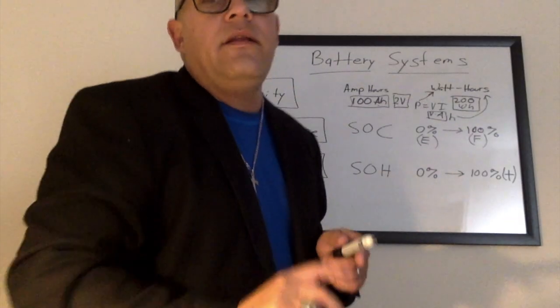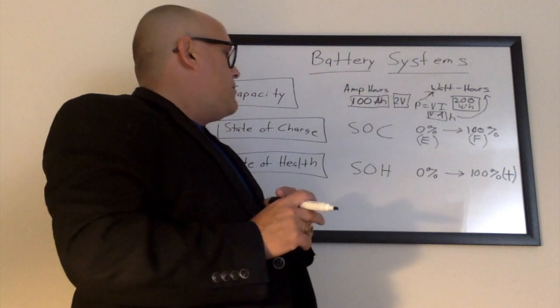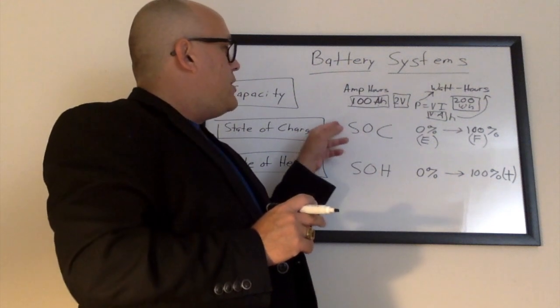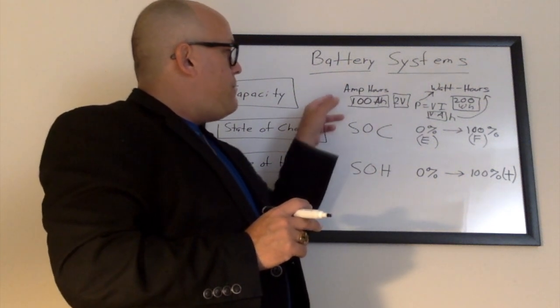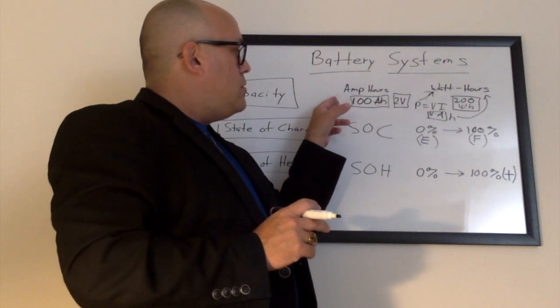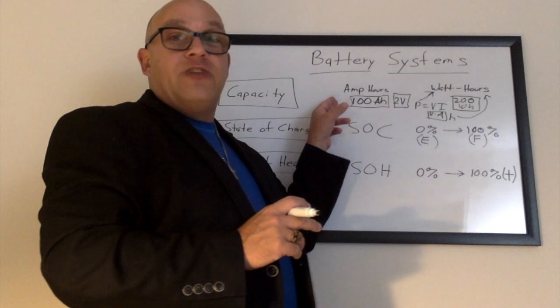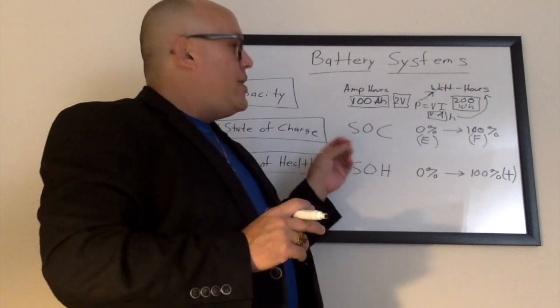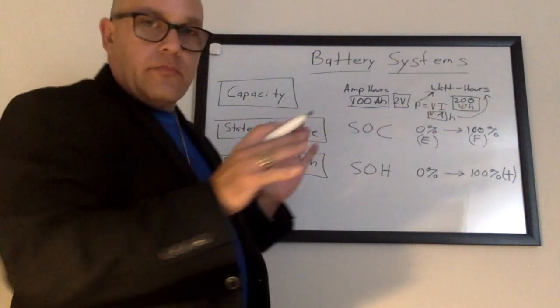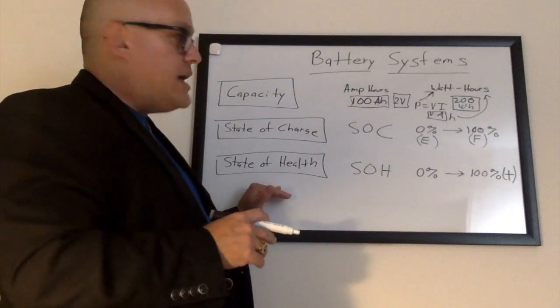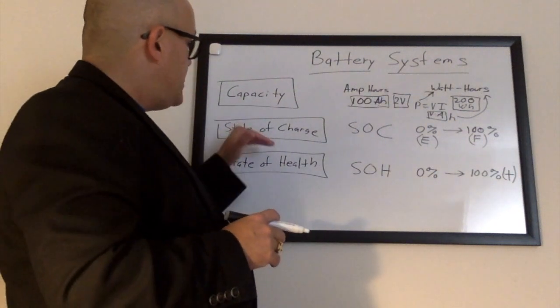So if we have a difference between actual capacity and the manufacturer's nominal capacity, then what do we have? Let's move on to the next issue, state of health. So we covered capacity and state of charge.